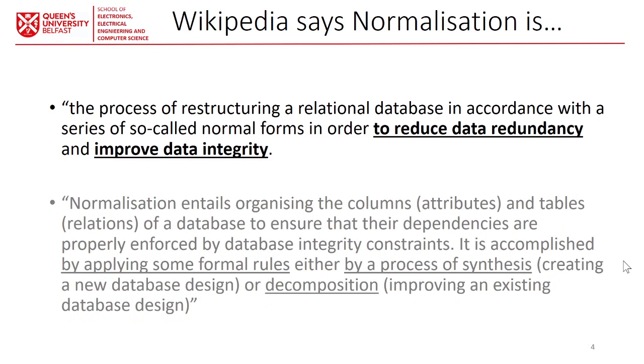And this is the second part of the definition of normalization, and as you can see, it mentions that it entails organizing the columns, which are attributes, and tables, which are technically relations of a database, to ensure that their dependencies are properly enforced by database integrity constraints. It's accomplished by applying some formal rules, either by a process of synthesis, creating a new database design, or decomposition, which means improving an existing database design.